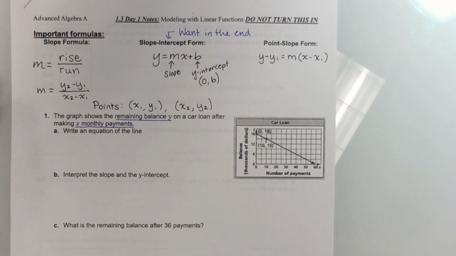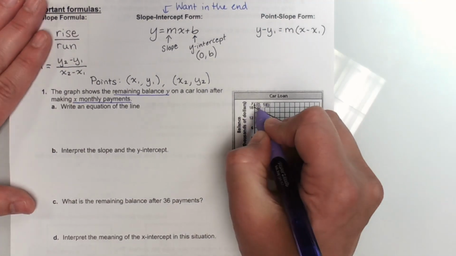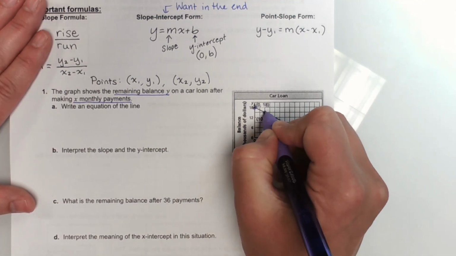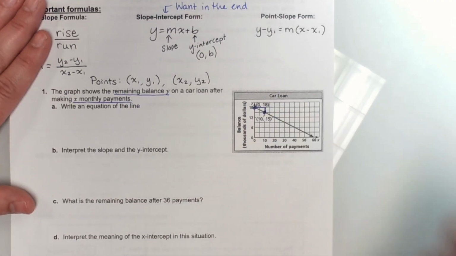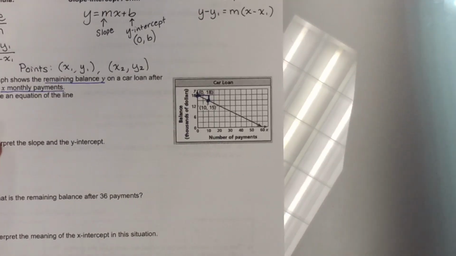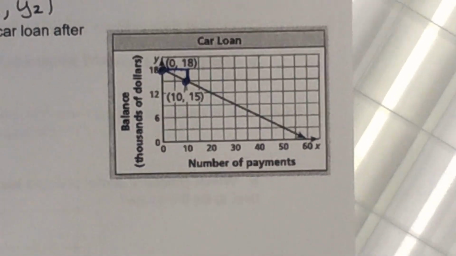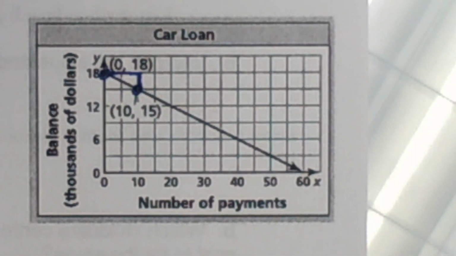So if you want to talk about rise and run, you take 2 coordinate points. Hey, there's 2 that are here, and you look at the changes in x's and the changes in y's. How much did the graph rise?